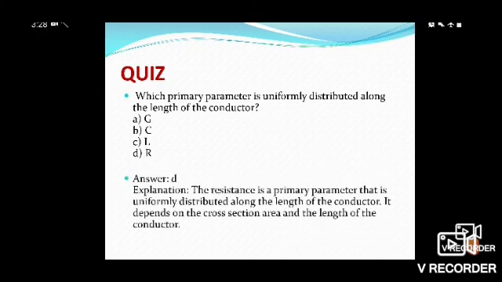That is D. Resistance is a primary parameter that is uniformly distributed along the length of the conductor, which depends upon the cross-section area and length of the conductor.